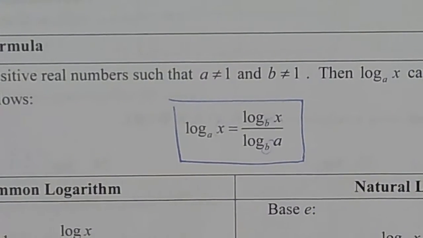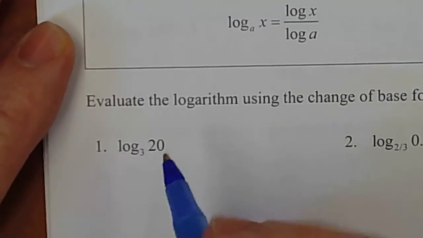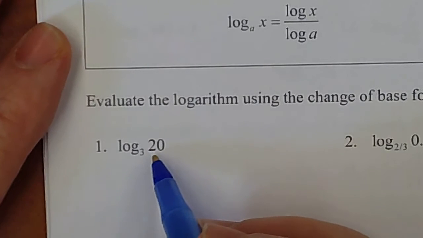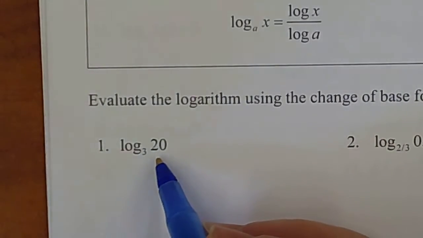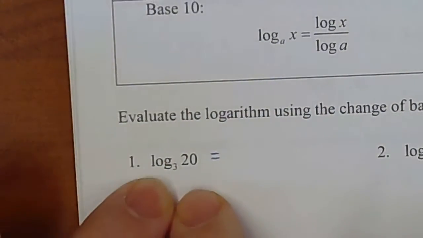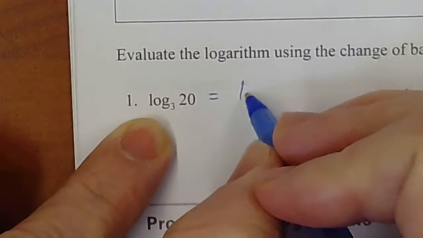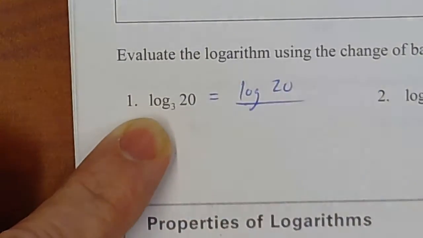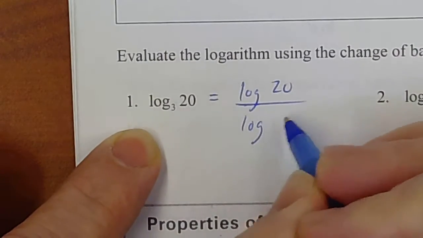Let's go down to example 1 and let me walk you through this. Change of base formula says log base 3 of 20. You may or may not have the ability to plug that in the calculator right now. If you have a brand new one, you might be able to. But change of base formula works for everybody, no matter what calculator you have. So what I can do is write this as log of the argument, so log of 20 divided by log of the base.